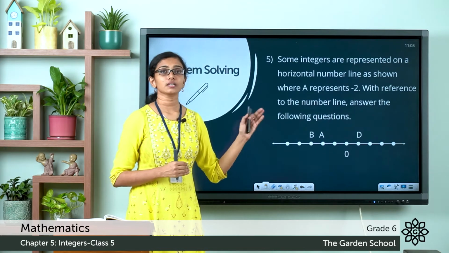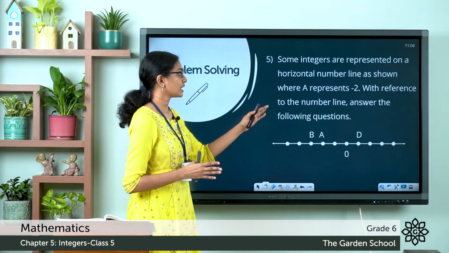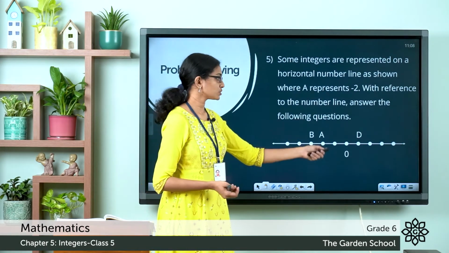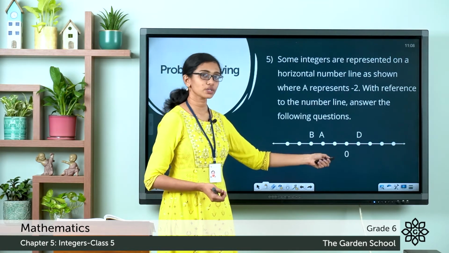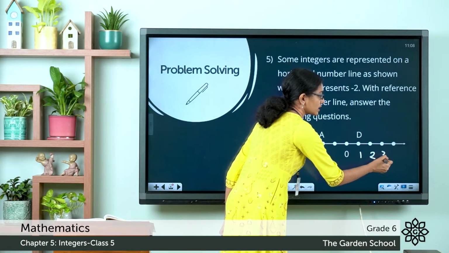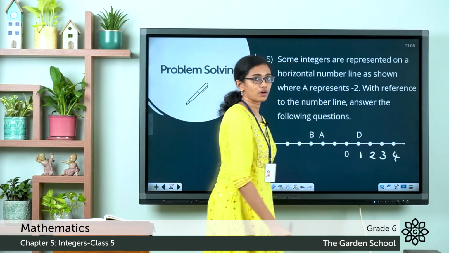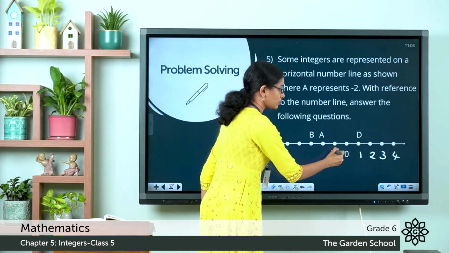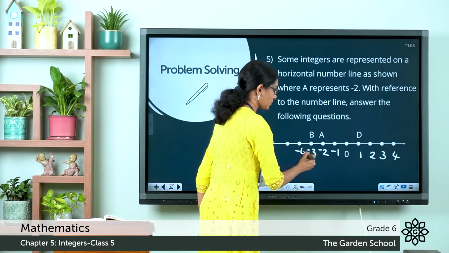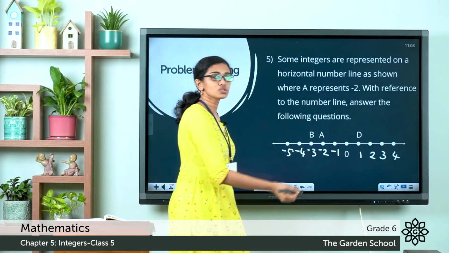So in the question, they have told us that the point A represents minus 2. Do you see the origin, the point 0? If this is 0, can you say which is this point? This is 1, 2, 3, 4 and so on. What about here? Here it would be minus 1, minus 2, minus 3, minus 4, minus 5 and so on.